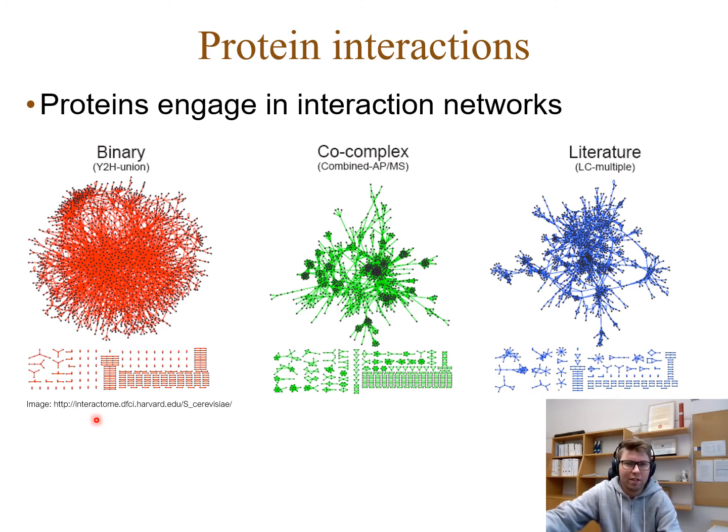And these interactome networks are generated using different approaches. The red one is generated using a so-called yeast two-hybrid approach, which is a genetic reporter system. The green interaction network is generated using affinity enrichment mass spectrometry, and the blue interaction network is generated using text mining, so global or universal querying of PubMed articles and abstracts for co-mentioned proteins.